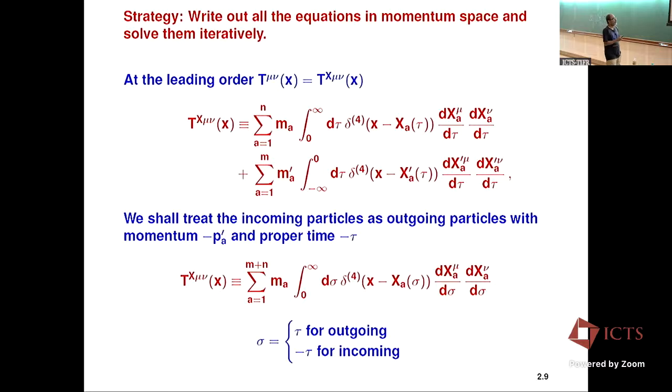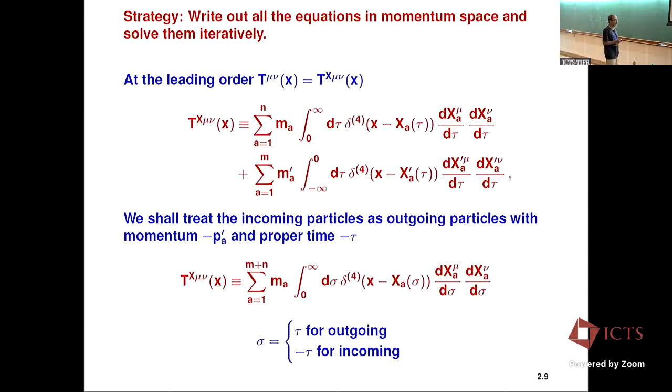Now it turns out that one can use a slightly more convenient notation instead of writing both the outgoing and incoming particles separately. We'll treat the incoming particles as outgoing particles with momentum minus p prime and proper time minus tau, and write one single expression for T_x. So that basically this allows us to write things in one line instead of two lines.